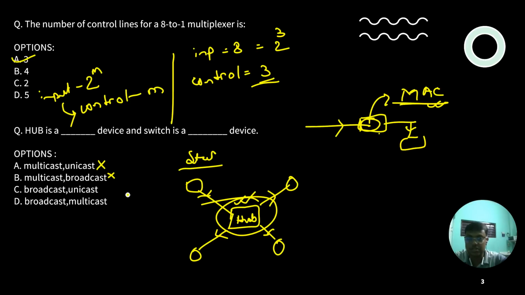I hope you could understand. So in this case, the data moves from switch to the particular single recipient. Only one recipient gets it, and hence it is a unicast device. That is, the data comes from one source and goes to the one destination. Hence, one-to-one relation is there. Hence, it is a unicast device, and this option C would be our correct option. Hope I could make you understand. Let's move on to the next question.